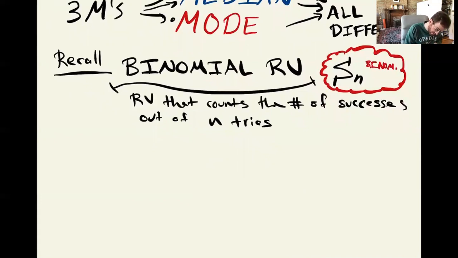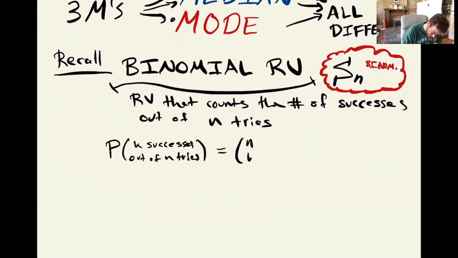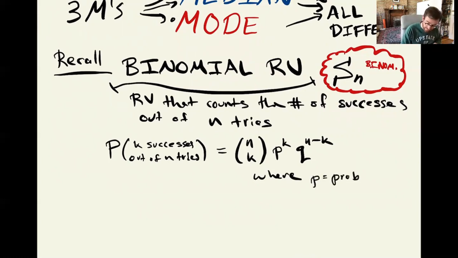But just as a quick recap, we would say that the probability of k successes out of n tries is equal to n choose k times p to the k times q to the n minus k, where p was our probability of success on any given try.